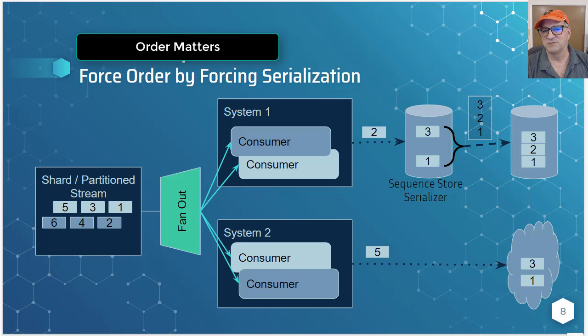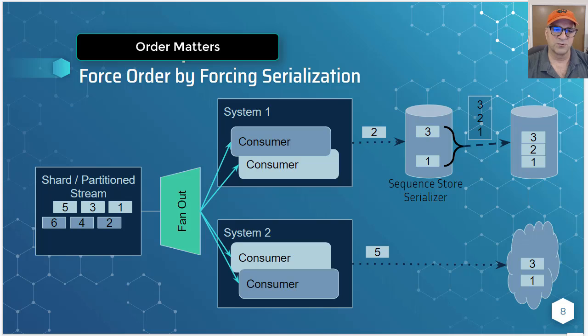In that case, a lot of times people will end up having to build a serialization sink. They pull the data in and look at the sequence numbers, and as they fill out with sequence numbers with no gaps, they start sending those things in a serialized fashion into the next system. And whenever there's a gap, they have to wait around. And if that gap never shows up because a message is lost somehow, then that thing will just lock up. And I've seen that a couple of times.